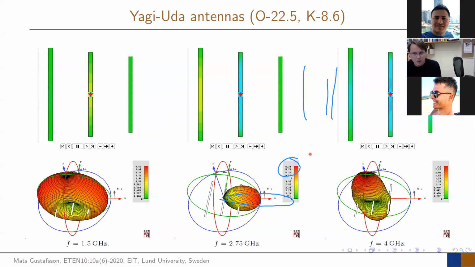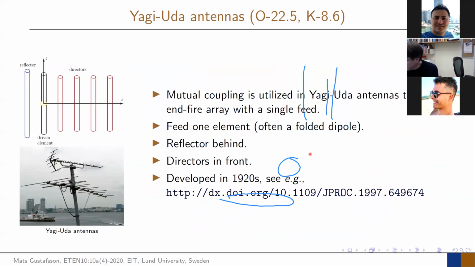So that's why you use more elements. And that's why sometimes in the back of it, you also see that you can have something larger. You have a larger reflector, a little bit similar to the corner reflector. Okay, anything else about the Yagi-Uda antenna?